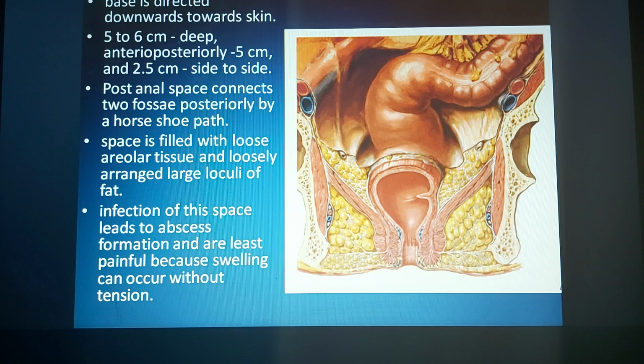Infection of this space leads to abscess formation, and these are least painful because swelling can occur without tension. So this is about the general features of the ischiorectal fossa.